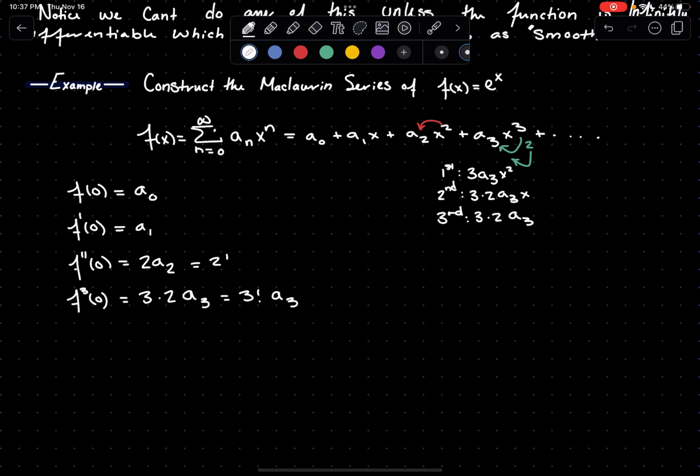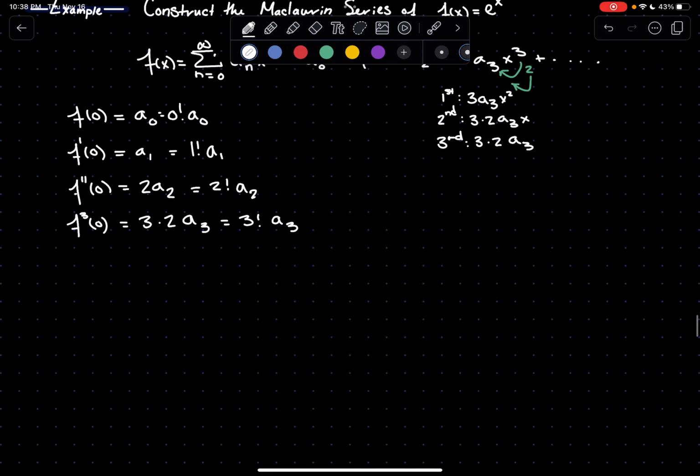And this one's just 2 factorial a2. This one is just 1 factorial a1, and 0 factorial is just 1, and this is a0. All right, so remember 0 factorial is 1, and if you do more of these, you'll see the pattern forms, and we get that the nth derivative of f at 0 is equal to n factorial a sub n, right?